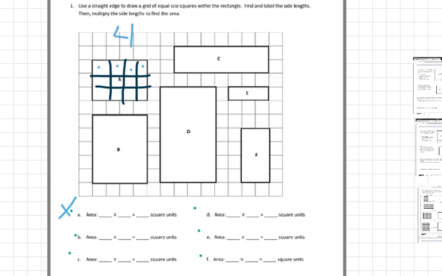And how many going this direction? 1, 2, 3. Okay, so area has to be calculated in length times width. So therefore, we would write 3 times 4, which equals, I'm going to wait, 12.